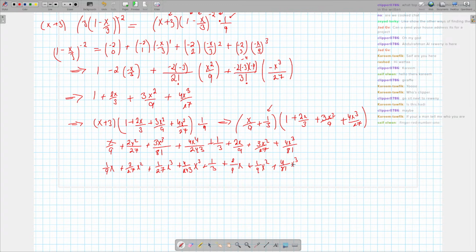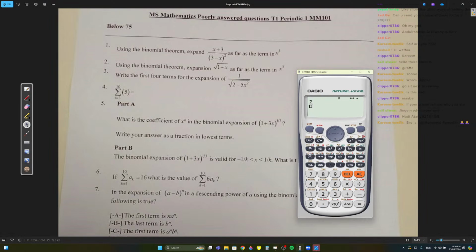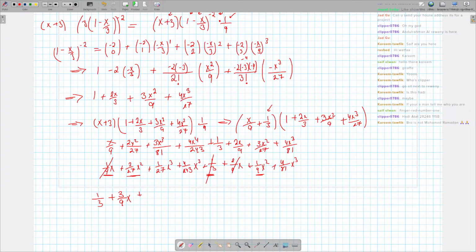Combine your like terms. Before we combine the x's, let's just get rid of this 1 over 3 and take it down. 1 over 9 x plus 2 over 9 x is actually 3 over 9 x. Then 2 over 27 x squared plus 1 over 9 x squared, just put it in a calculator: 2 over 27 plus 1 over 9 is 5 over 27, so plus 5 over 27 x squared.